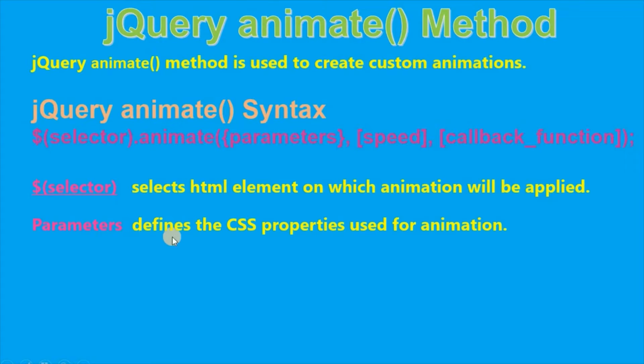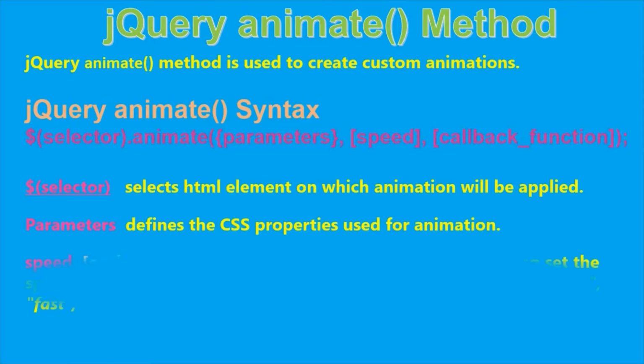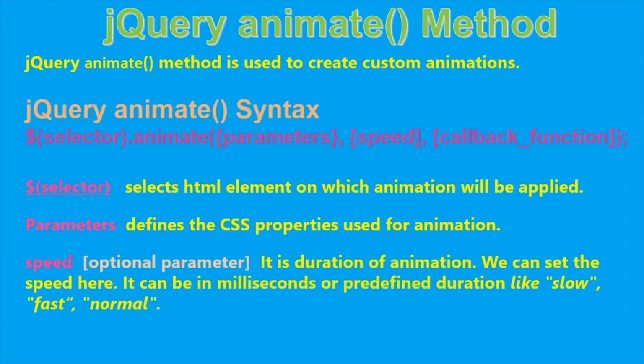Parameters defines the CSS properties used for animation. Speed is an optional parameter. It is the duration of the animation.